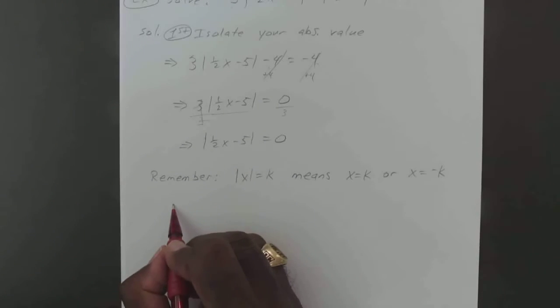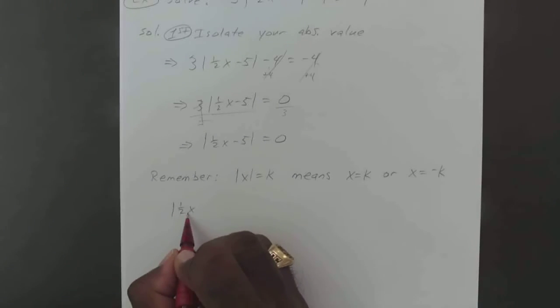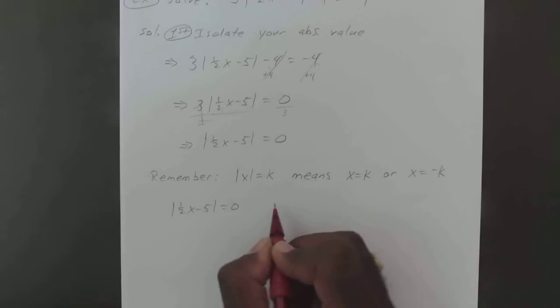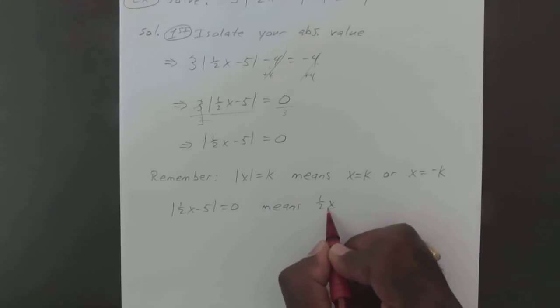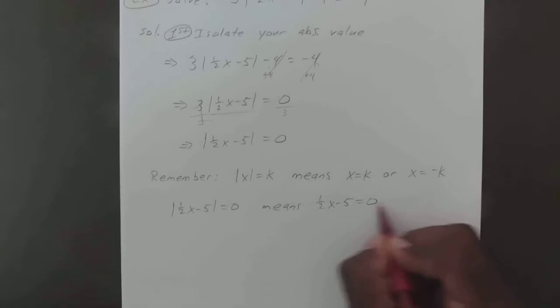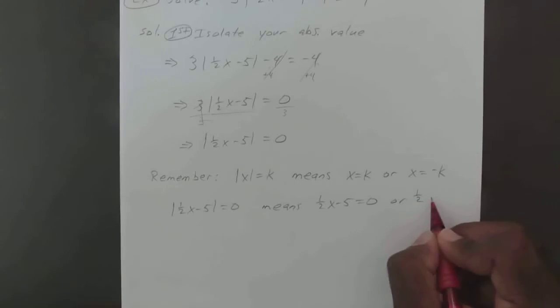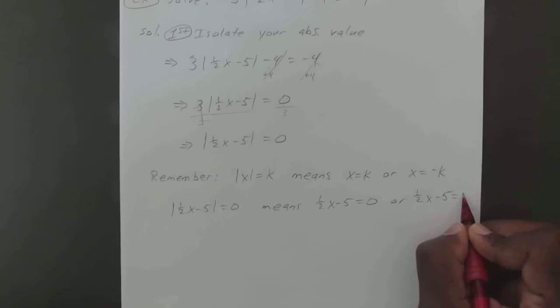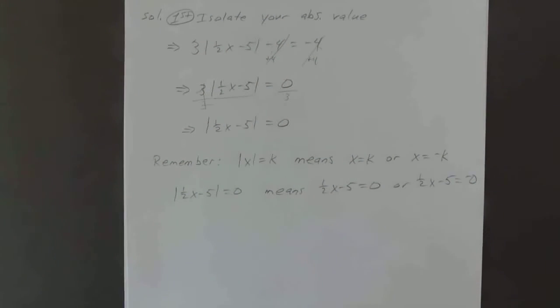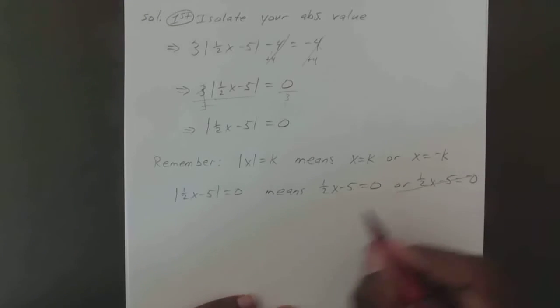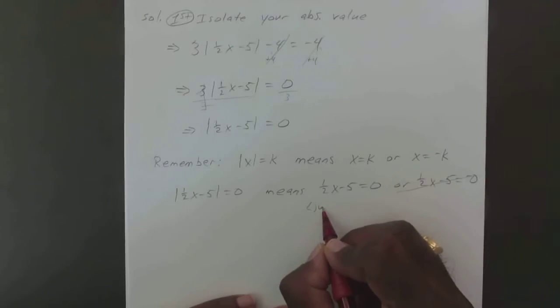Absolute value of 1/2 x minus 5 equals 0 means 1/2 x minus 5 can equal 0, or 1/2 x minus 5 can equal -0, which is still just 0. That's why here you have to do a little less work, because you honestly don't even have to solve for that one. Same answer. So you just have to solve one of them.